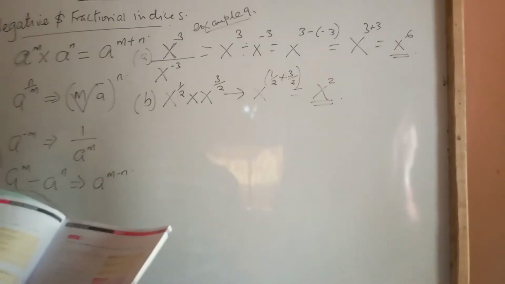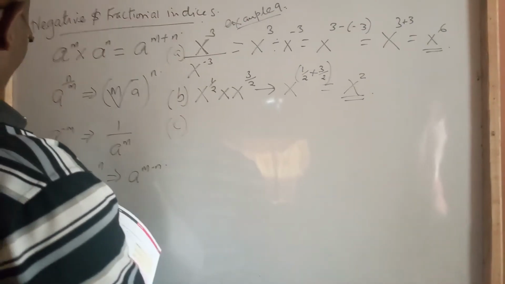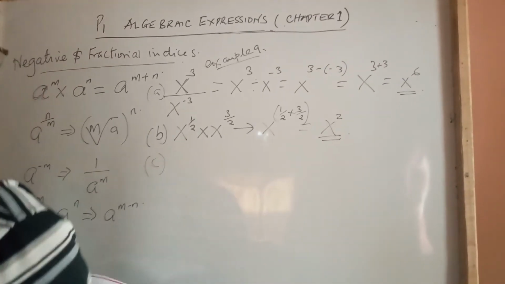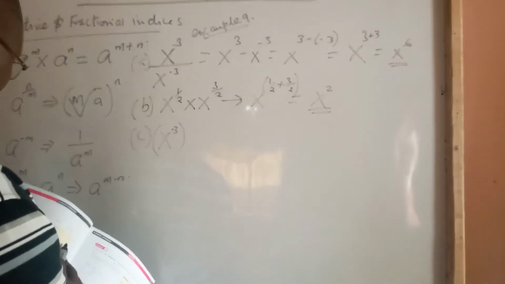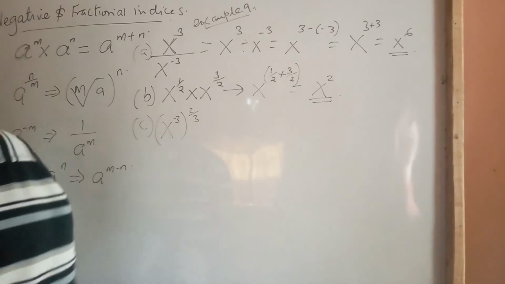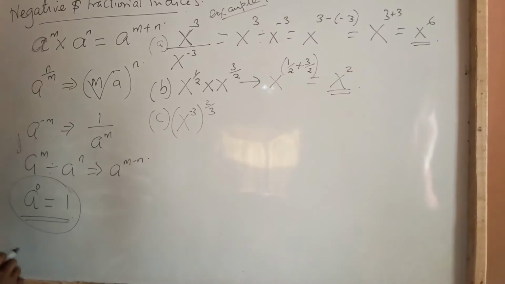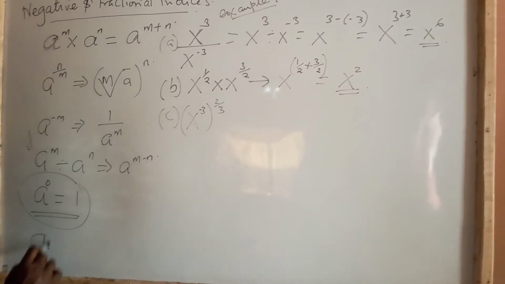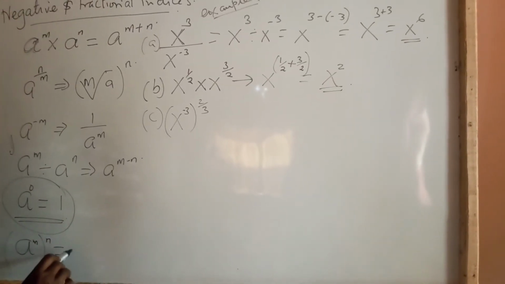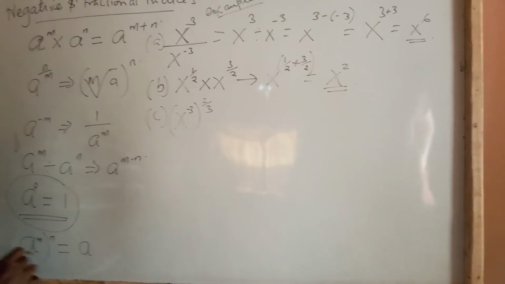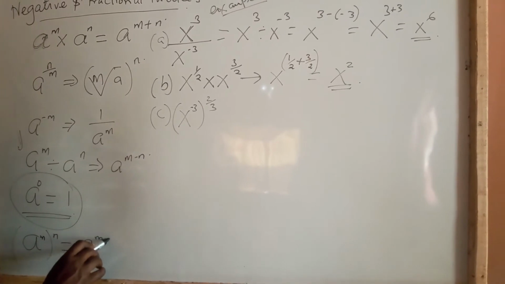Part C: x raised to power minus 3, and everything raised to power 2 over 3. This one follows a law which we have not highlighted here, but we can also have it here: x raised to power m, the whole of that raised to power n, is x raised to the product of the two, mn.